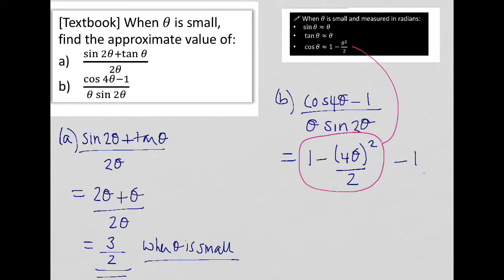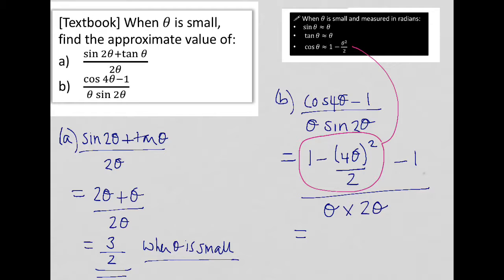Subtract 1 all over theta multiplied by sine 2 theta, which for a small angle approximation I can write 2 theta. So from here what I can say is there's a 1 there and there's a 1 there. It's subtracting 1 there, so that would go to 0. And 4 theta all squared is 16 theta squared.